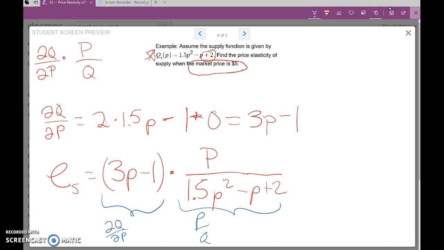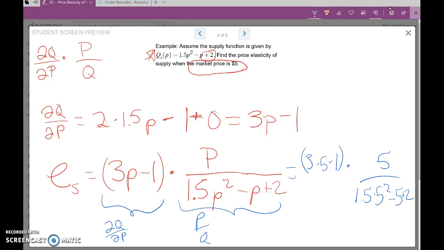We were asked to evaluate at a market price of 5, so I'm just going to plug in 5 for P at this point. So you get 3 times 5 minus 1 times 5 over 1.5 times 5 squared minus 5 plus 2.